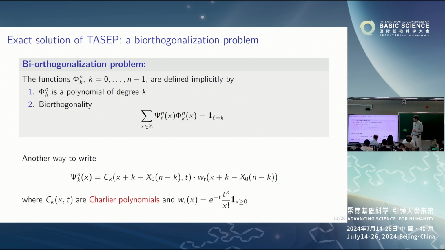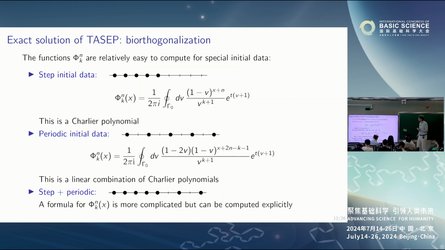Okay, so we just have the usual Charlier polynomial, shifted by n, but n is a constant. Okay, so in particular, in this special initial condition, we immediately know what the functions phi are. The functions phi are just the same Charlier polynomials. Okay, so for step initial condition, we can easily compute the functions phi.